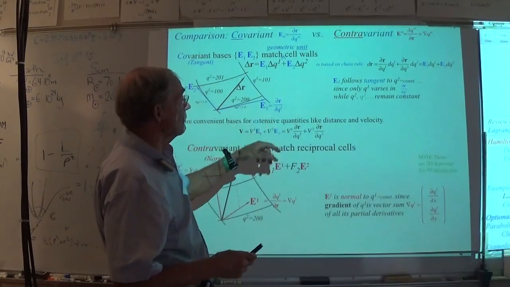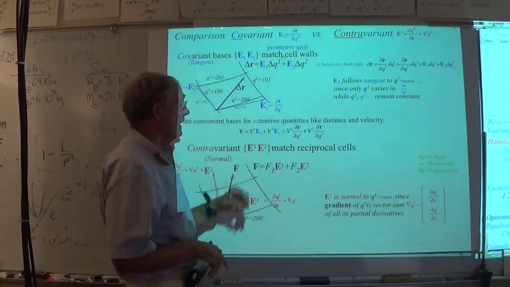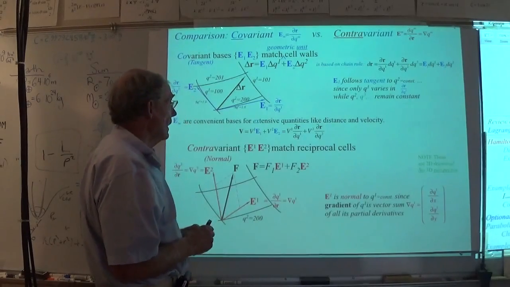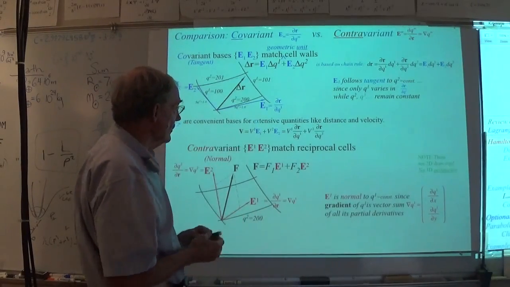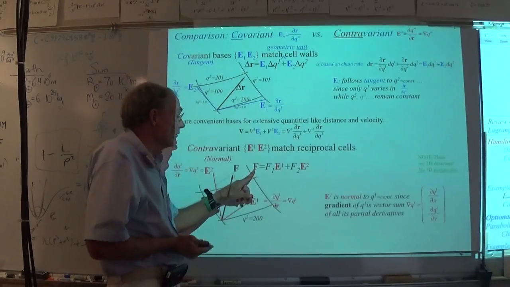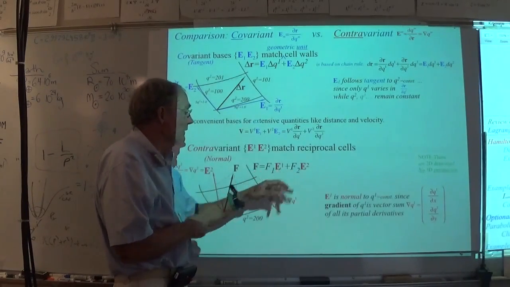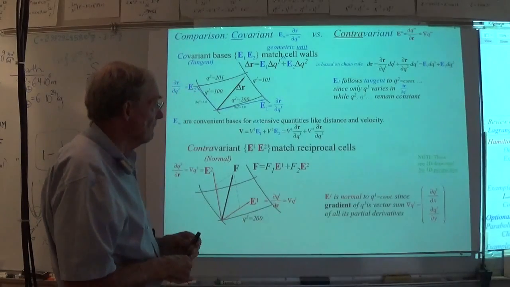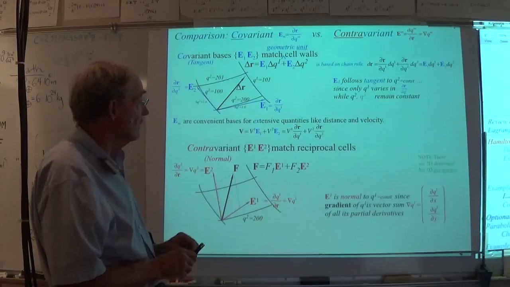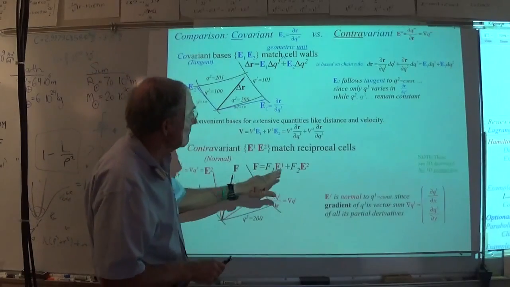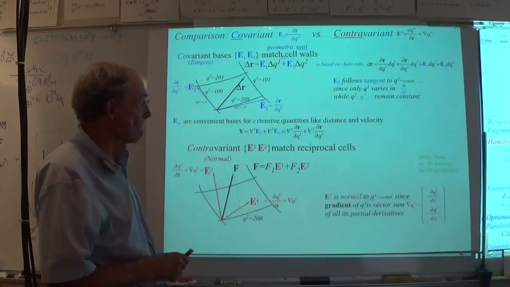As I say, extensive quantities like distance and velocity deserve that. These guys here are more for intensive quantities, like force or current or something like that. I think that is better physics, by using the covariant components. Contravariant vectors, this one's just the opposite.